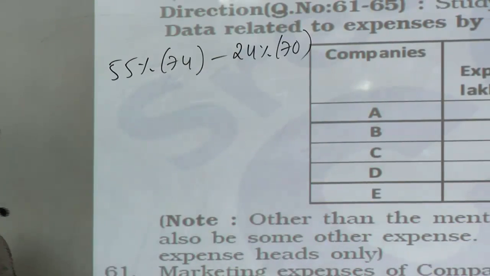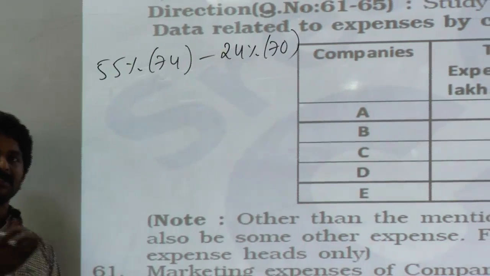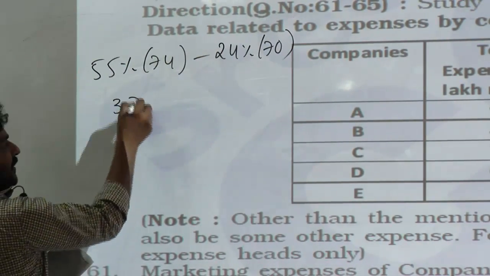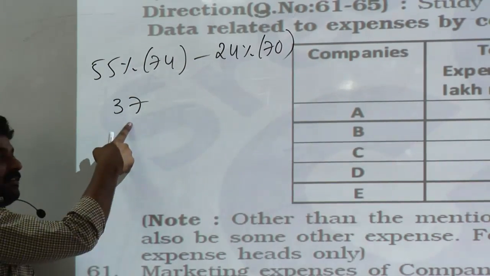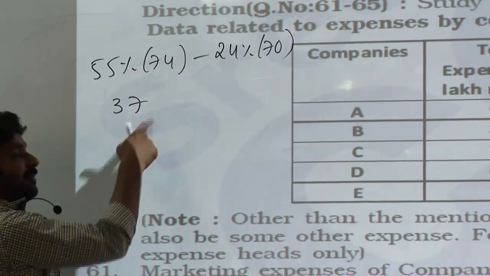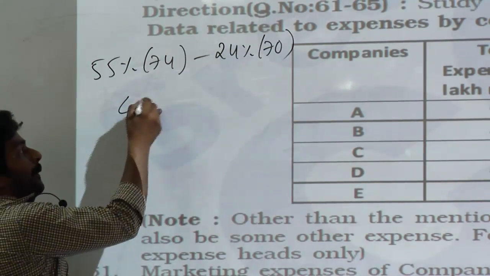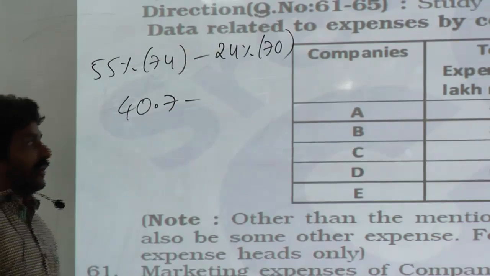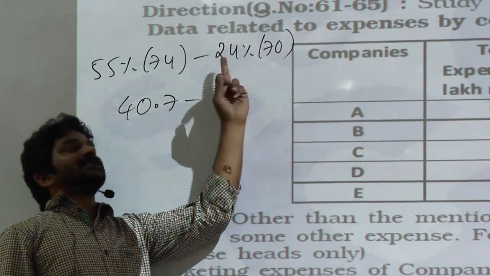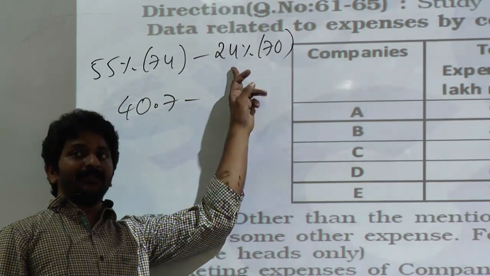Now how will you get 55%? Half plus 5% in the sense 10% of the existing number. Half of this number is 37. If 50% is 37, 5% will be 3.7. 37 plus 3.7, 40.7 minus 24% of 70. Instead go for 70% of 24. Is that okay? How will you get 70% of 24?